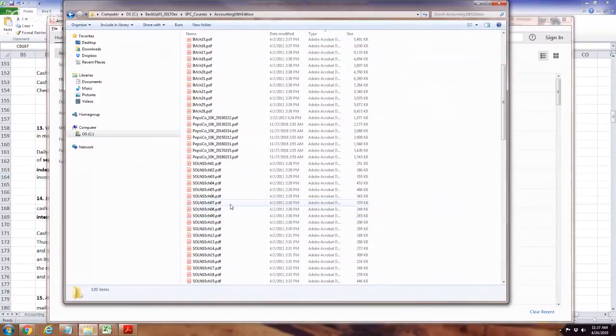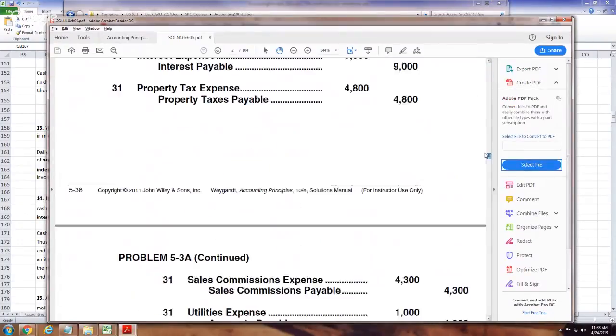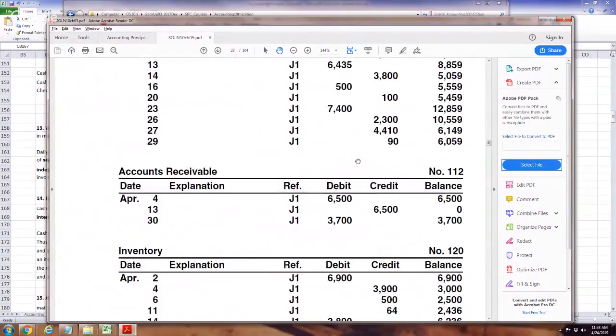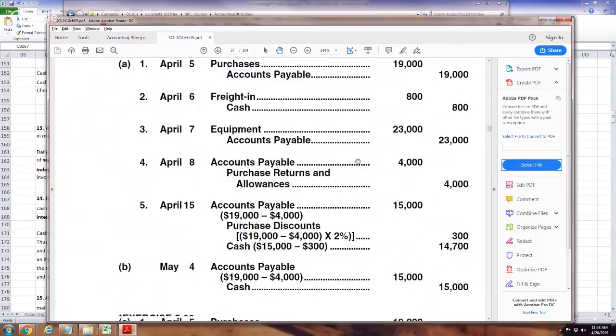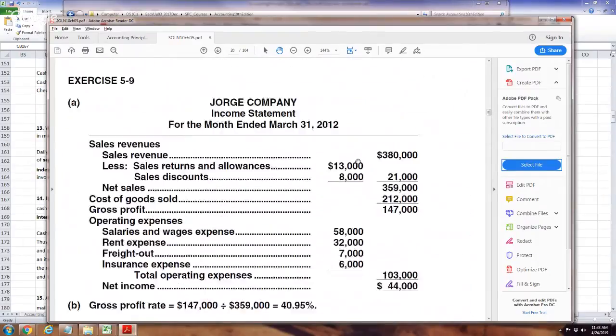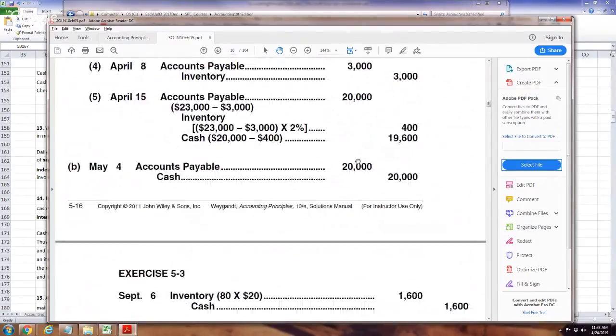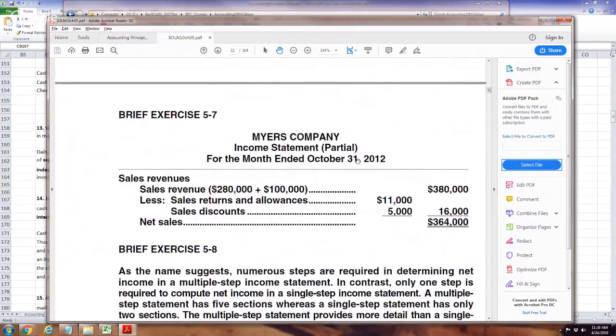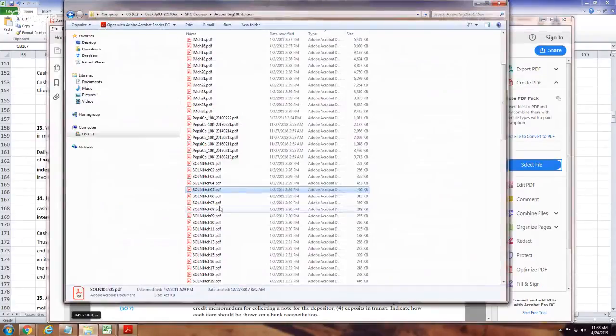And that was chapter 5, I think. Okay, brief exercise number. Actually, I think this was number 8, not number 5.